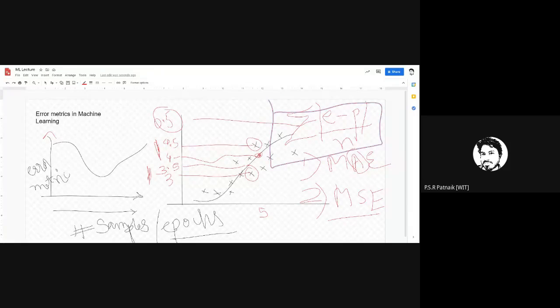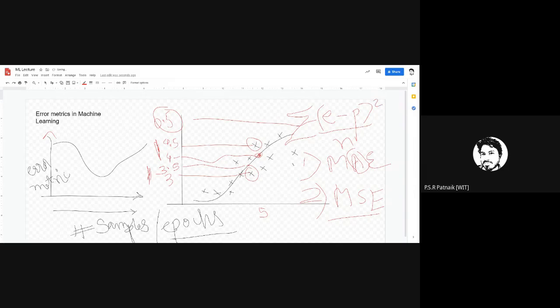This is one metric, mean absolute error. The second is, instead of taking the absolute value of the difference, I take the square of this difference. As you all know, whenever I take the square of a difference, whether it is positive or negative, it's always positive. So the second one is the squared difference: take the difference, square it, and take the mean value of that.